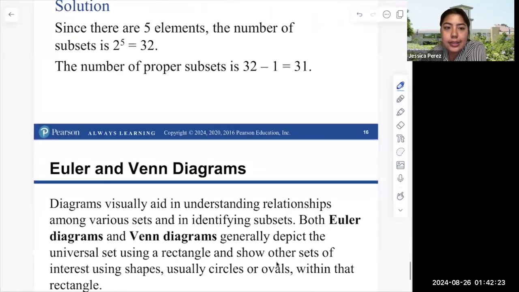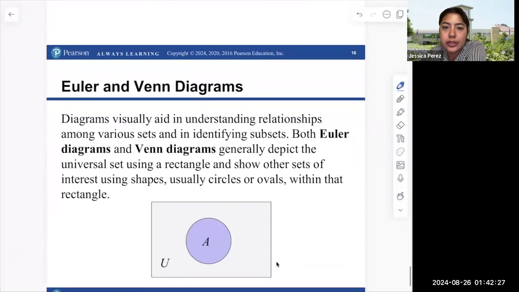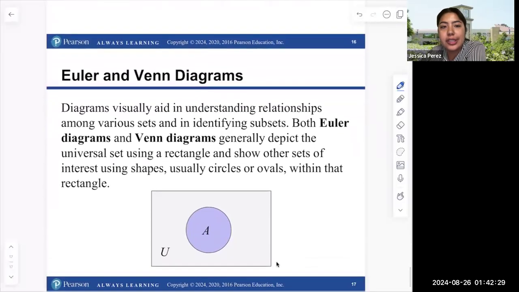The last slide is to talk about Euler and Venn diagrams. Again, a diagram is a visual aid to help us understand the relationships among various sets and in identifying subsets. Both Euler diagrams and Venn diagrams generally depict the universal set as a rectangle. See how this is the universe?